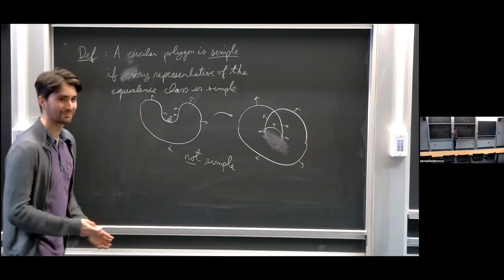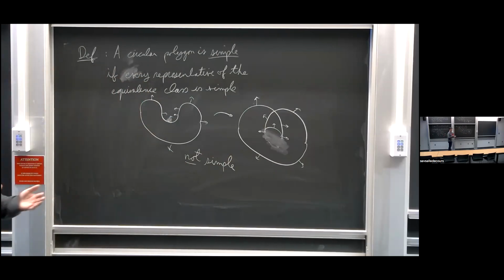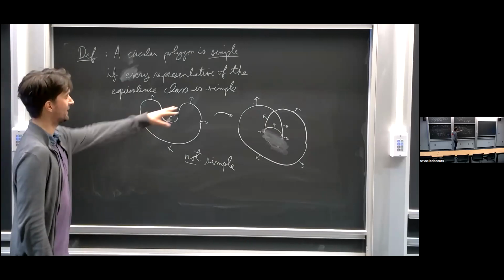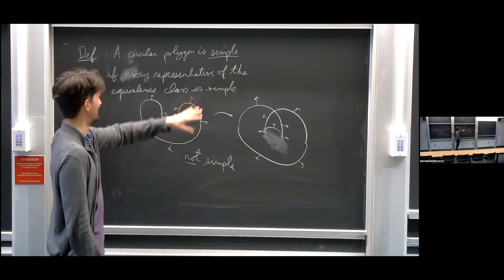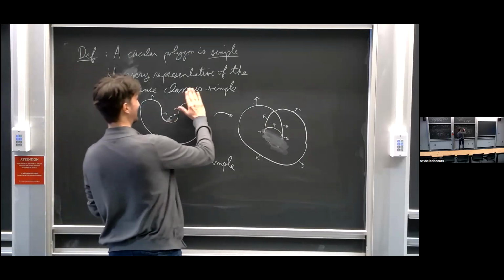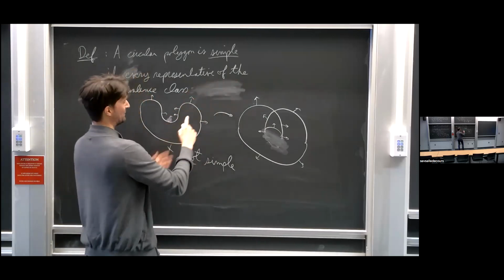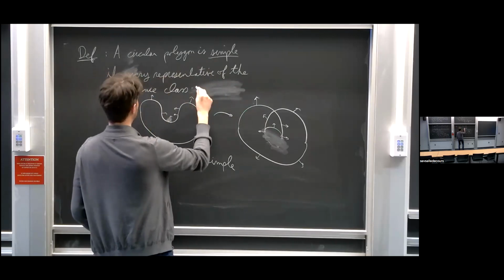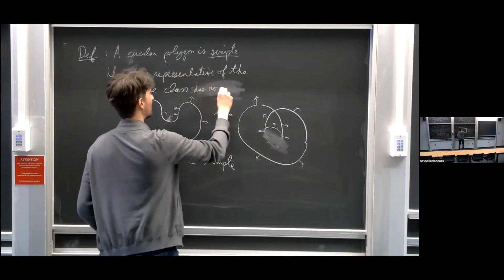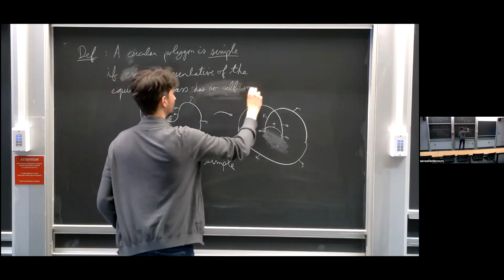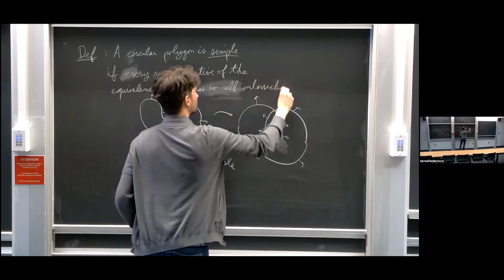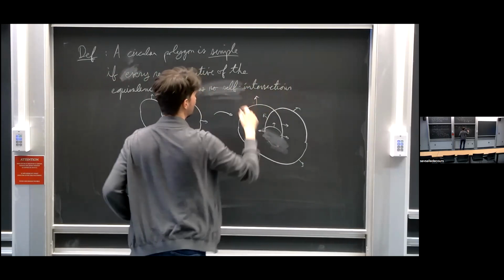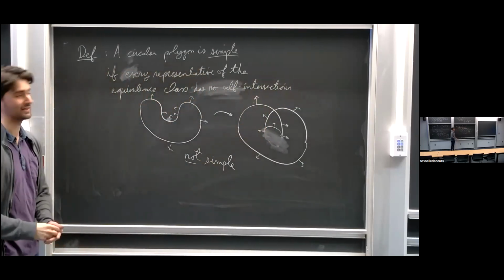So the example is that there's no intersection, so no self-intersection. Yeah, the equivalence class has no self-intersections. Simple, right. I should probably not use simple in the definition of simple. Has no self-intersections, or at least the points don't have self-intersection.